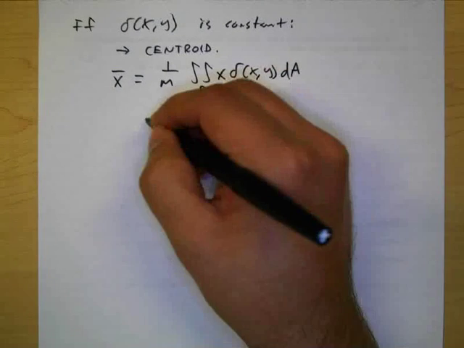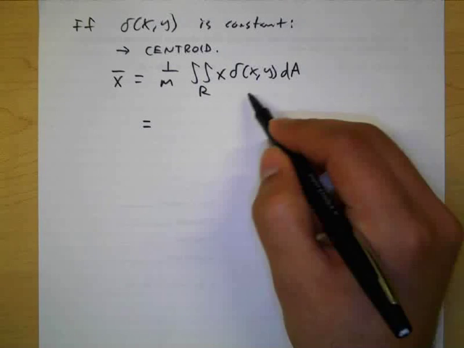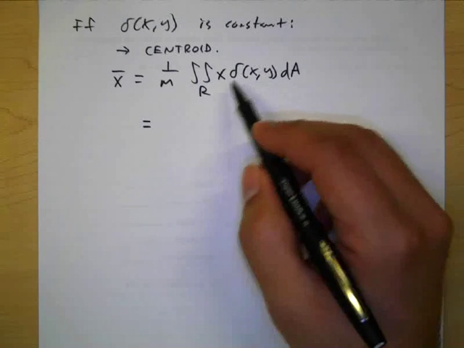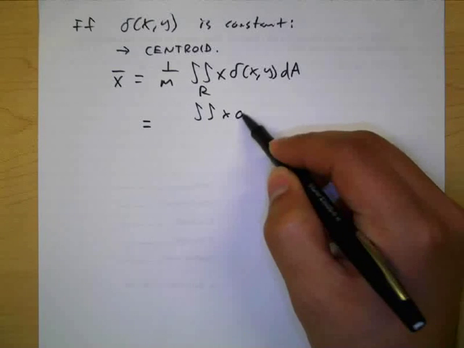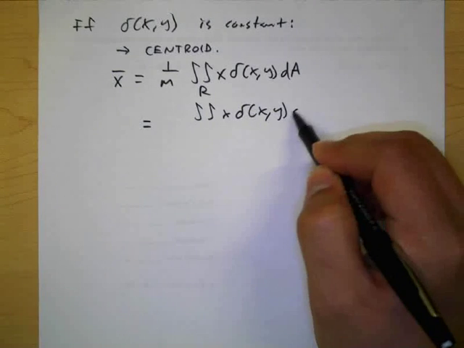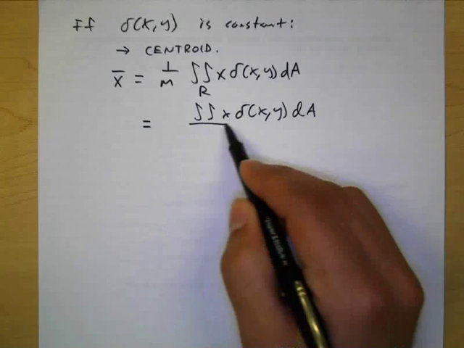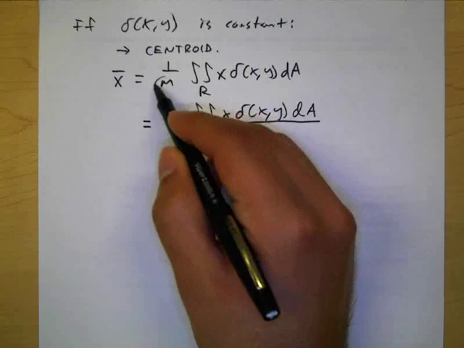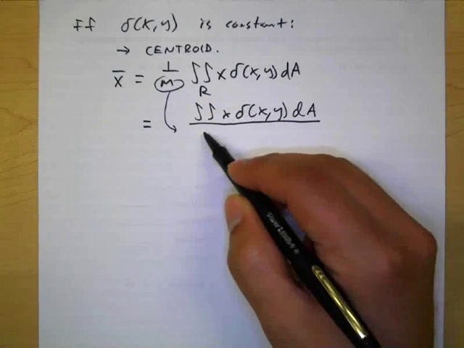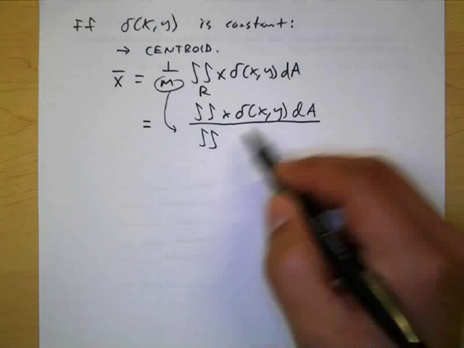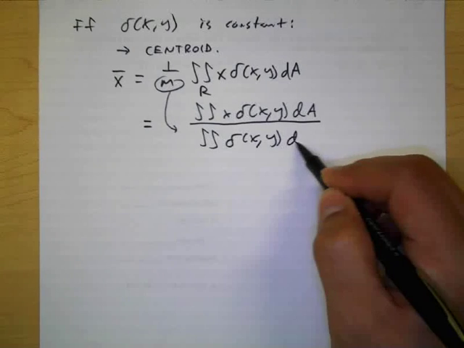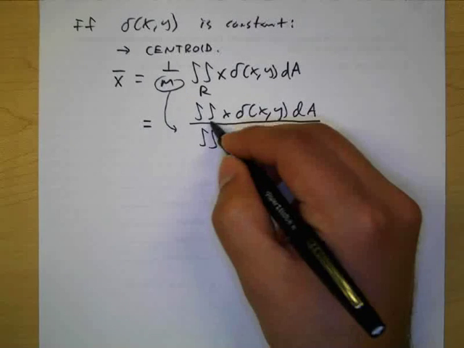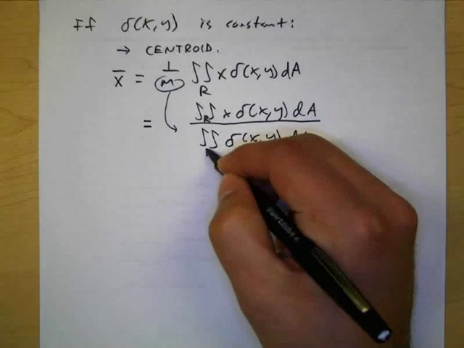But now, if we rewrite things and just replace mass with the formula for mass, which is exactly the same as the numerator with the exception of the x. Whoops, forgot my region R.